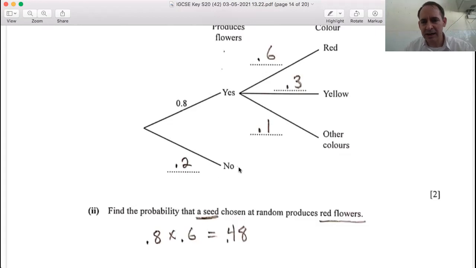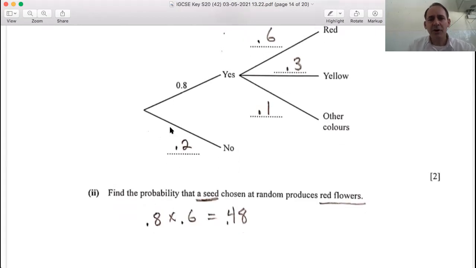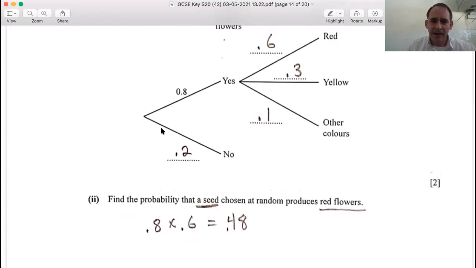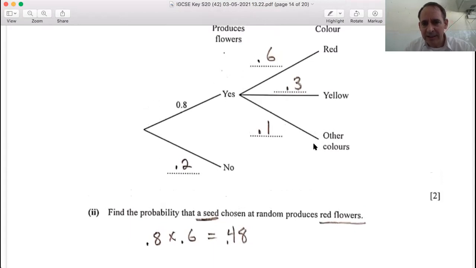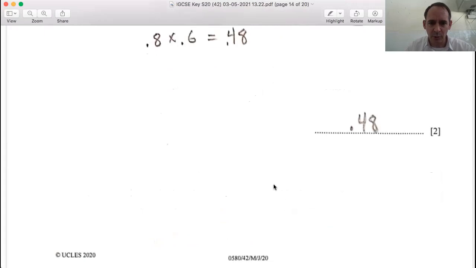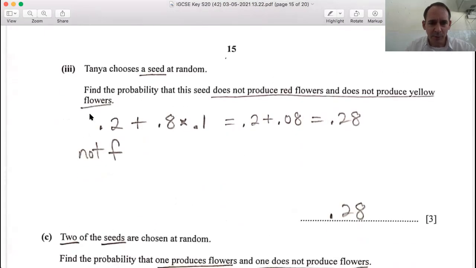Of course, if it does not flower, it won't be red and it won't be yellow either. So we need this 0.2 for the not flower, and then we need to follow the pathway to get to the other color. So that's the 0.8 times 0.1. So here we have the 0.2 for the not flower plus the 0.8 times 0.1 for the pathway to the other color, or the color that's not red and yellow.